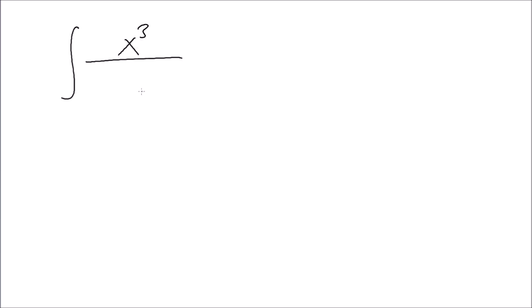Next, x cubed over x to the 4 minus 5. Now you're probably thinking, I see the derivative. Let u equal x to the power of 4. Now, this minus 5 is just a constant, and most of the time it's nice to keep it with you. If you differentiate a constant, it's just 0.